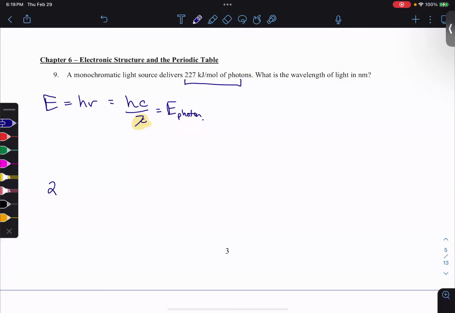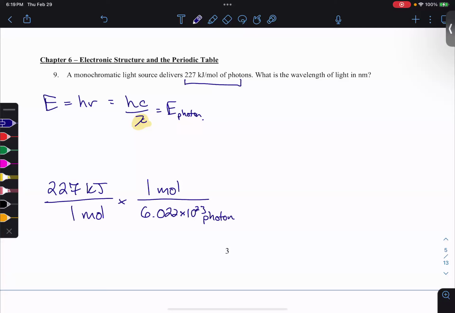The best way to do this is to look at the units. So 227 kilojoules per 1 mole of photons. I need to convert that, okay, 1 mole is 6.022 times 10 to the 23 photons. But before I am finished, I'm going to convert that kilojoule into a joule amount.